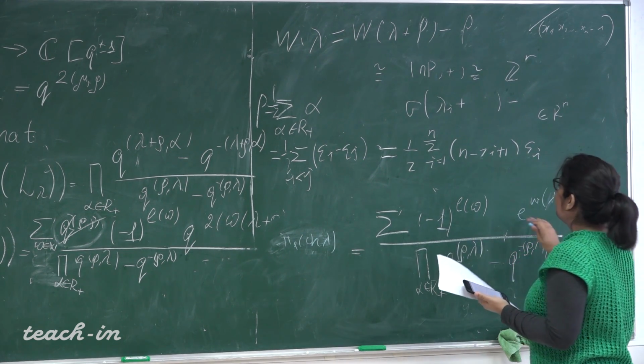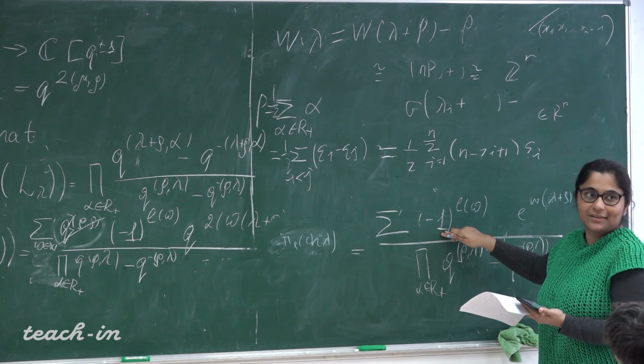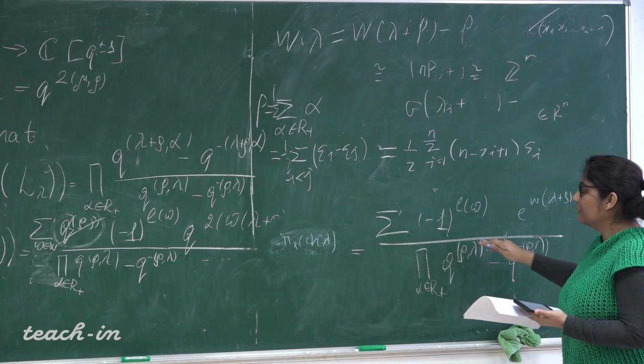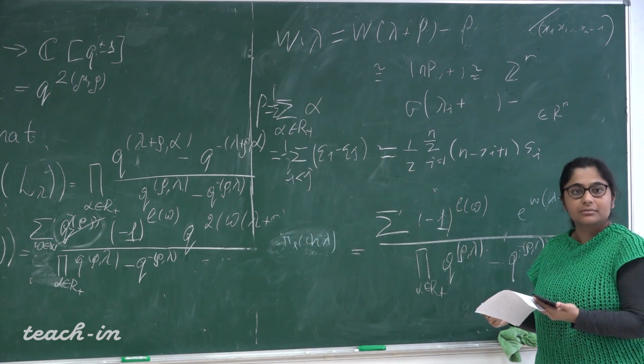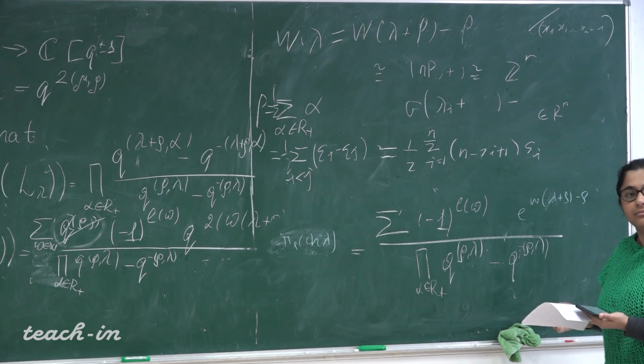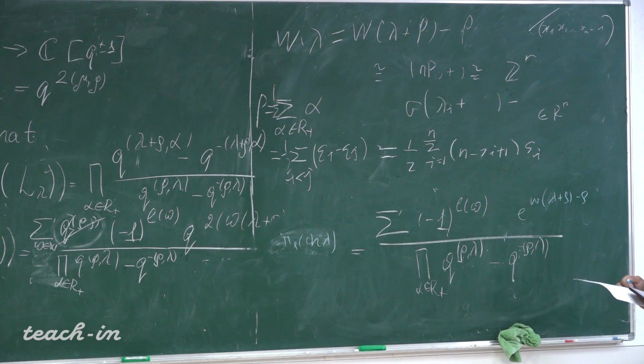I'm just doing this because I want to get rid of this term first. So I can take lambda to be 0. We are working with this numerator. We don't apply pi rho yet.